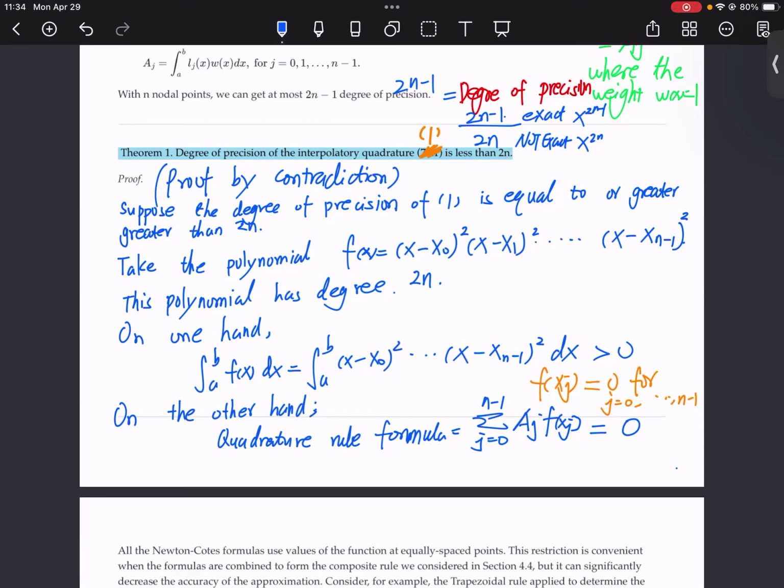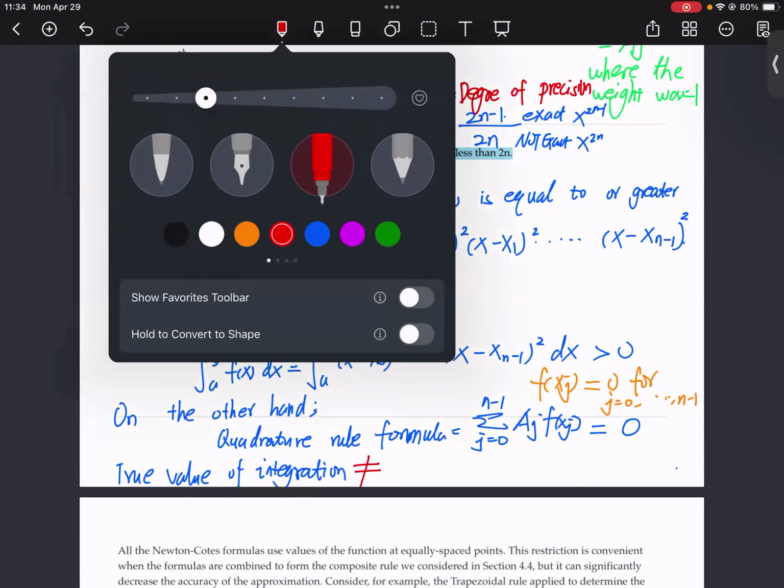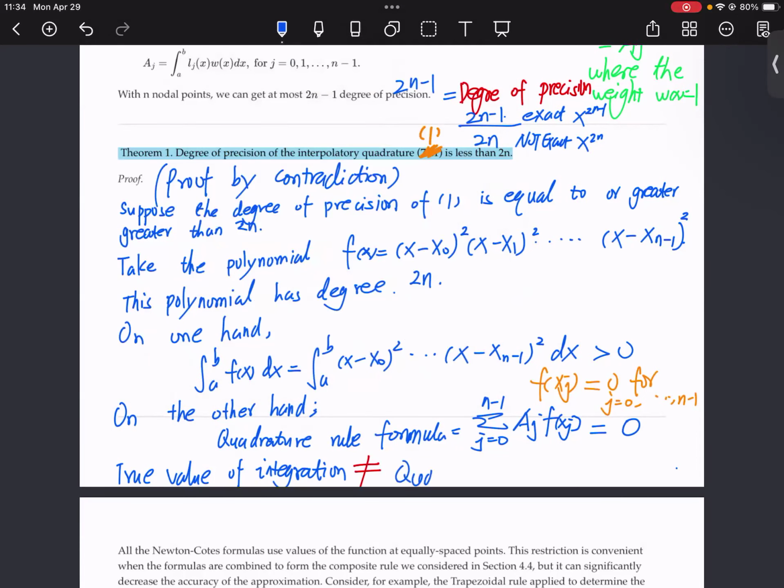So the true value of the integration does not equal the quadrature rule result.